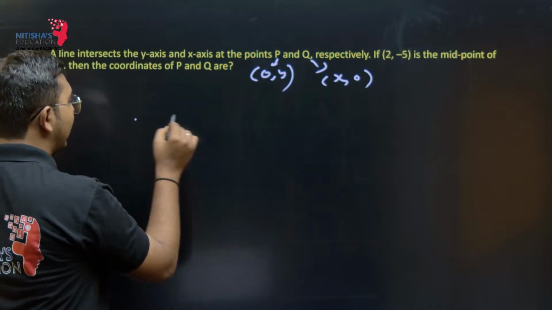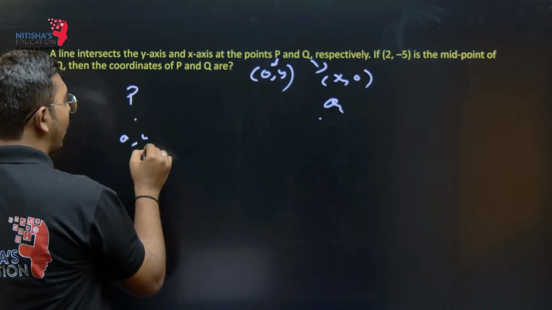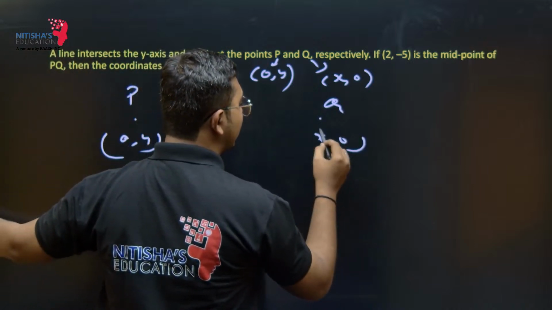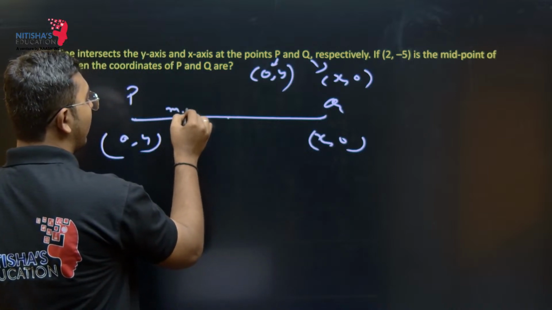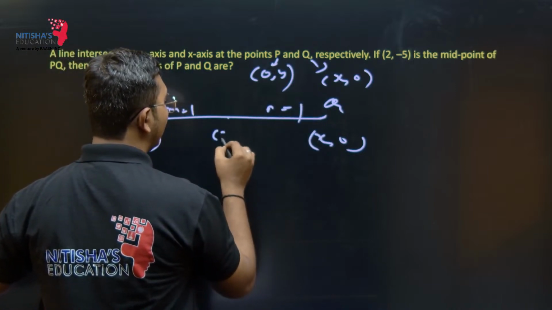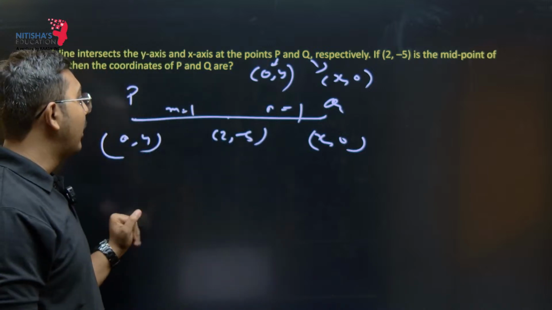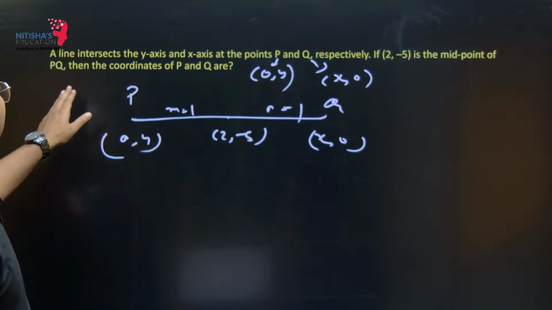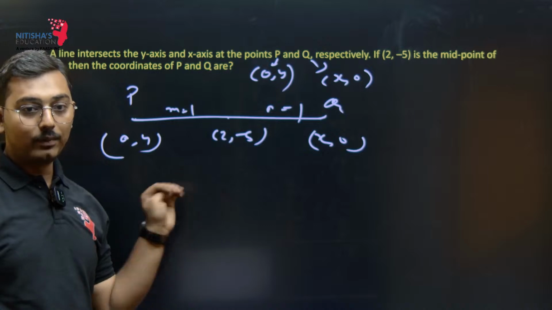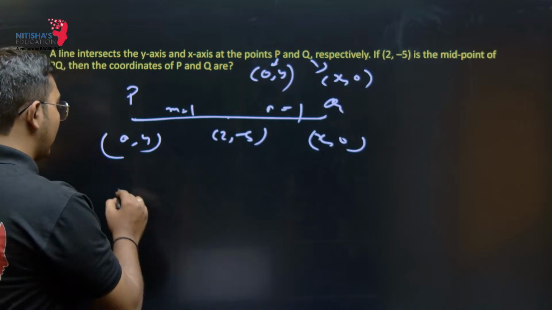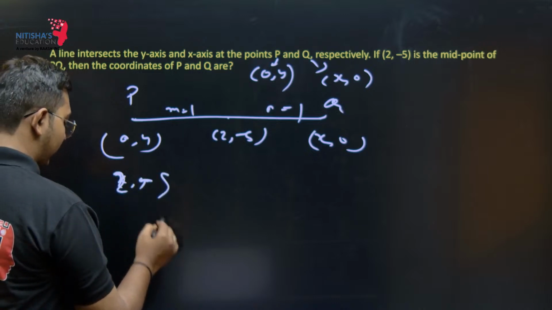So we will write it like this: P, Q, 0, y, x, 0, midpoint means m equal to 1, n equal to 1, 2, minus 5. Now you have to find the coordinates of P and Q. You have to find the value of y and the value of x from this. It is easy. Again, x, y means this 2, minus 5.